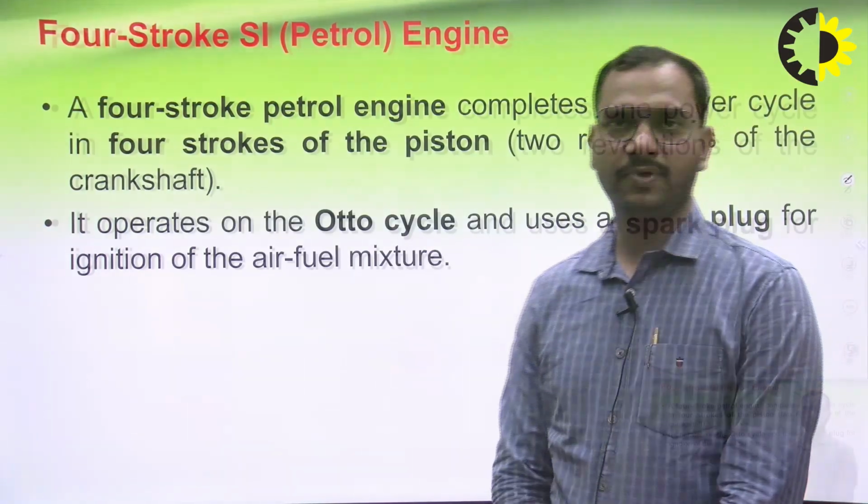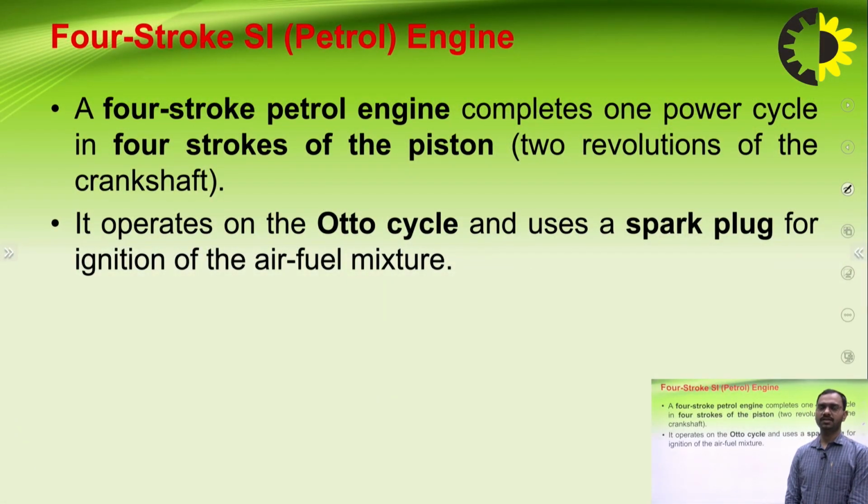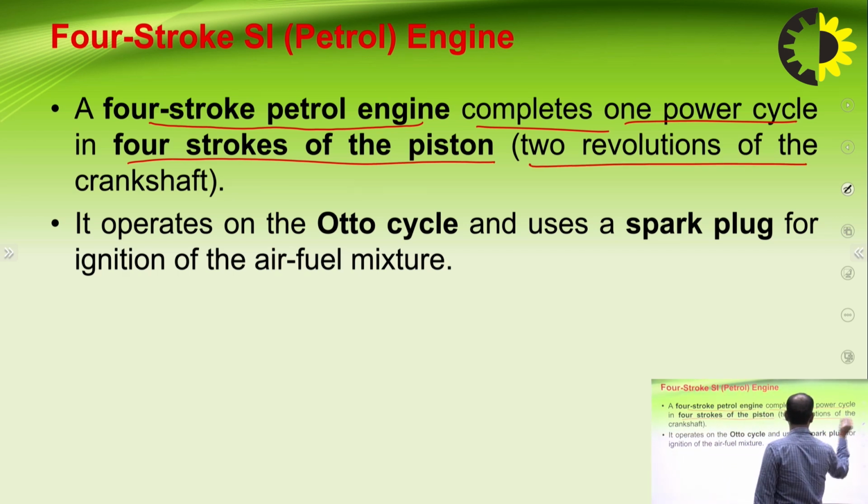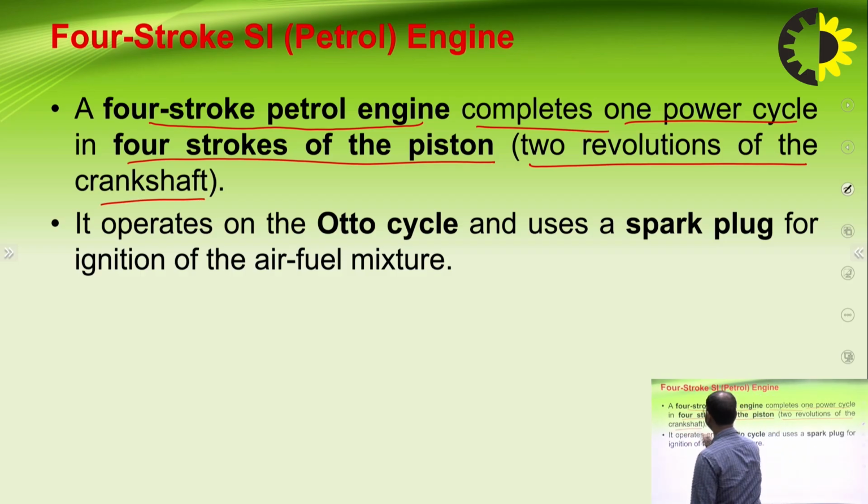First of all, I will discuss the construction and working of the 4-stroke SI, meaning petrol engine. Basically, a 4-stroke petrol engine completes one power cycle in 4 strokes of the piston or 2 revolutions of the crankshaft.